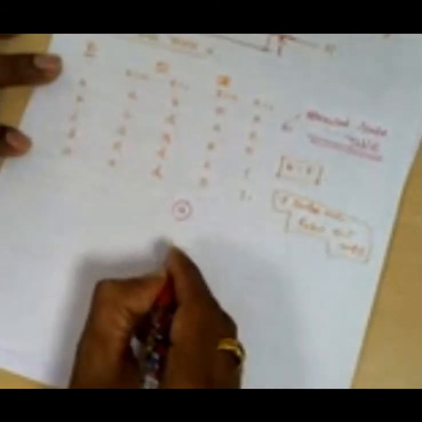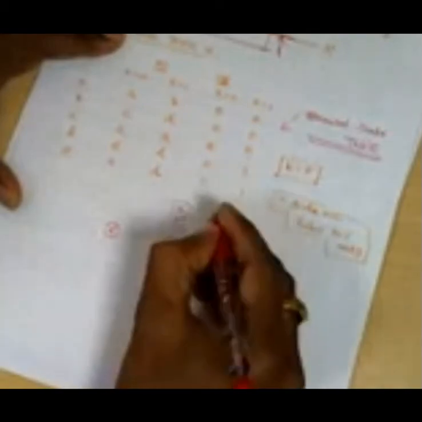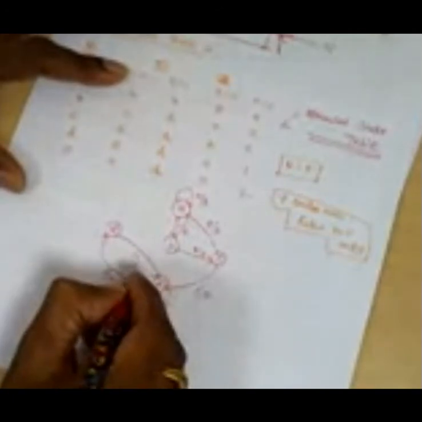A, B, D, C, and E. So A to B, 1 by 0, 0 by 0, 0 by 0, B to C, 0 by 0, 1 by 0, 1 by 1, here 0 by 0, 1 by 1, and then 0 by 0.